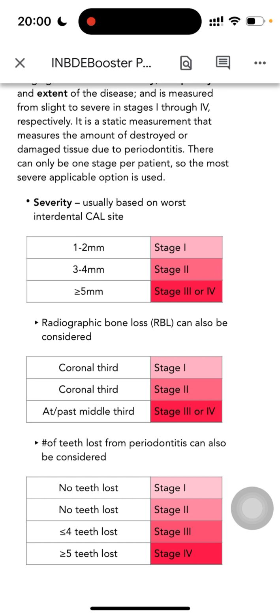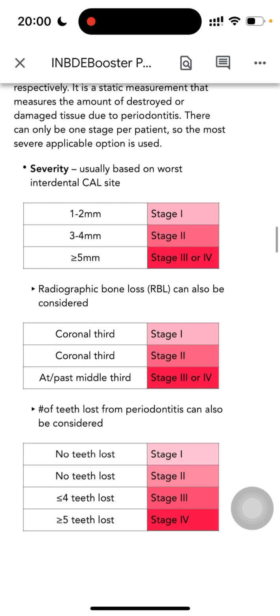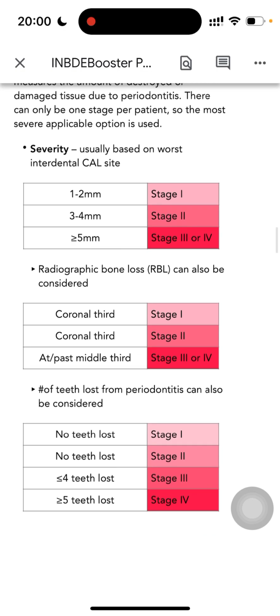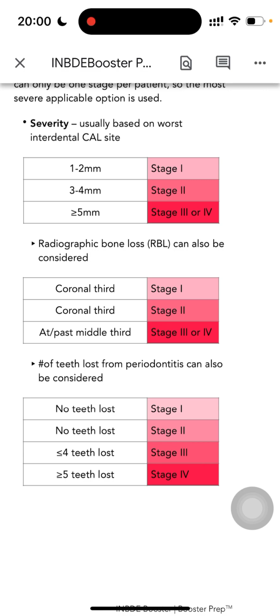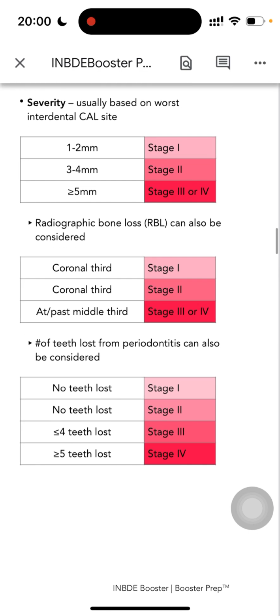Clinical attachment loss site: 1-2 mm stage 1, 3-4 mm stage 2, 5 mm or more stage 3 or 4. Radiographic bone loss can also be considered.